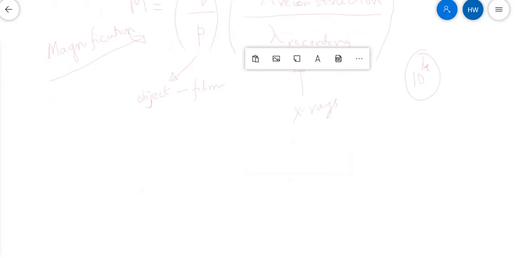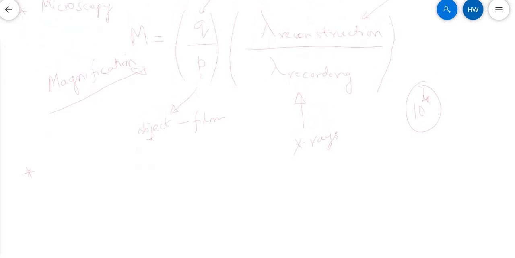All right, the next application which I want to talk about is data storage. Now we can clearly see that a volume hologram can be reoriented and new exposures can be recorded on it. You can have a variety of multiple exposures.